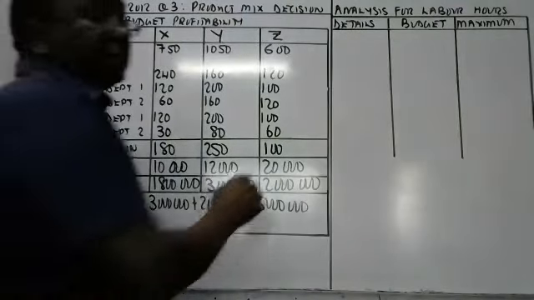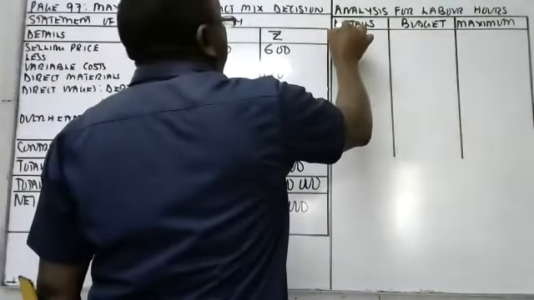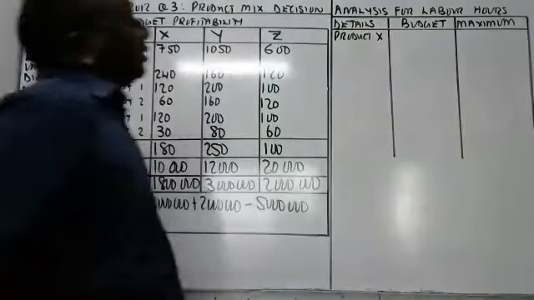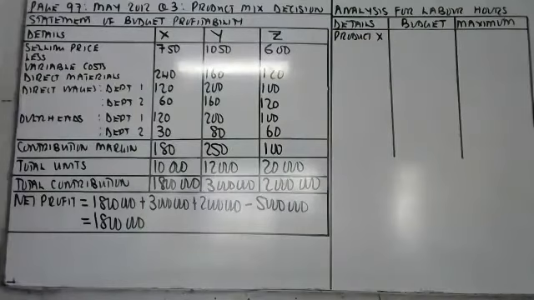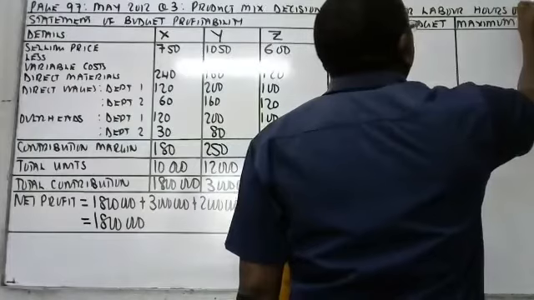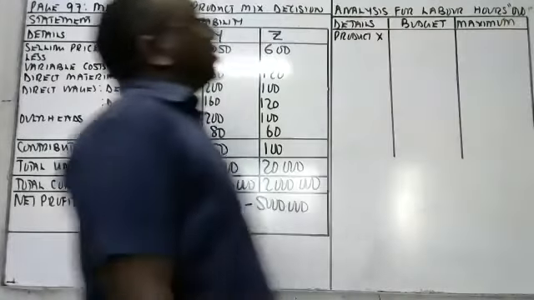So in this case, we have product X. Product X, right now in the budget, our figures are in thousands.